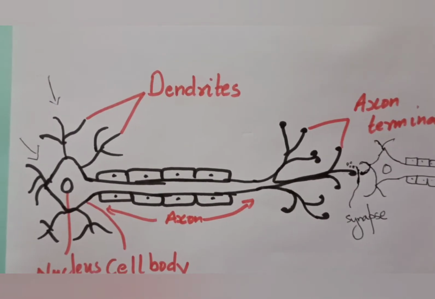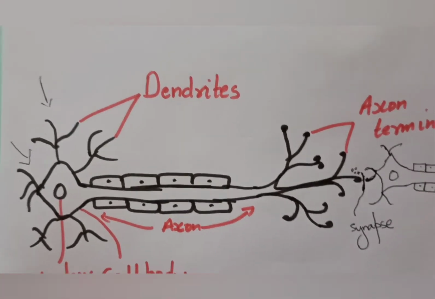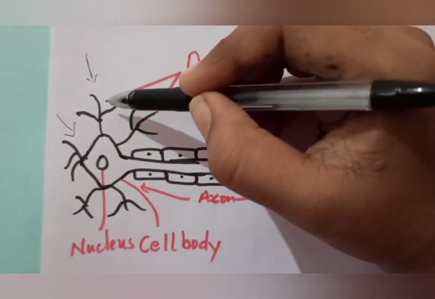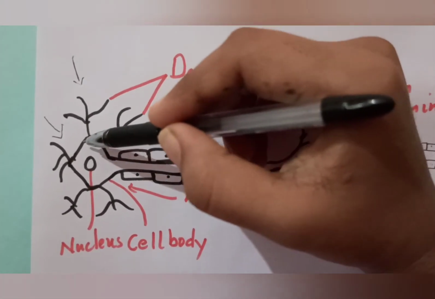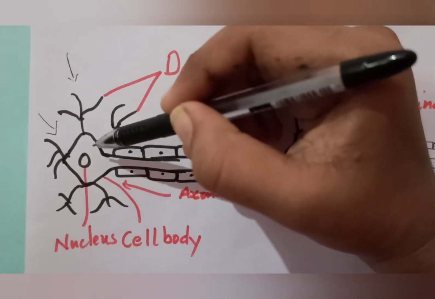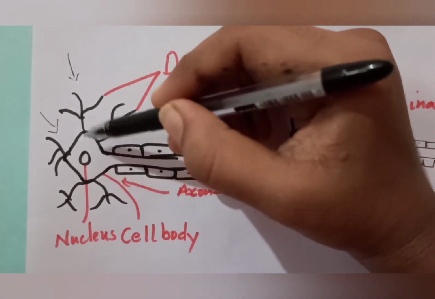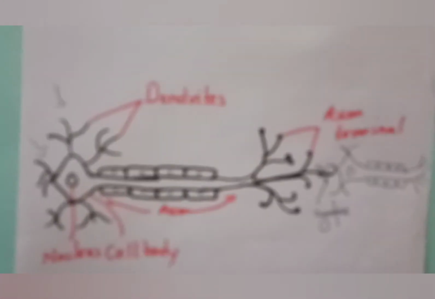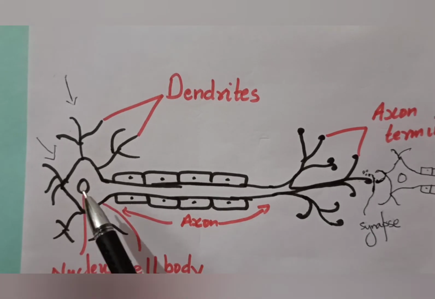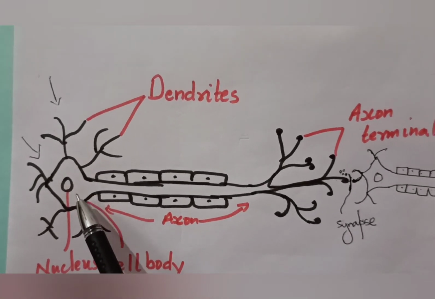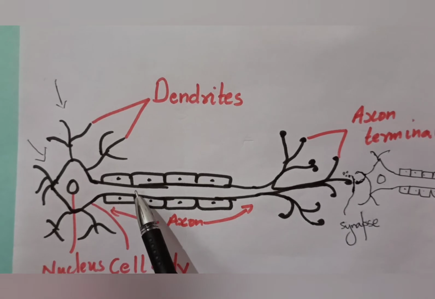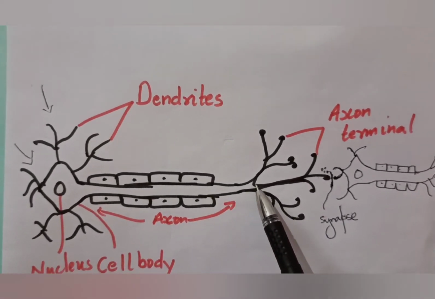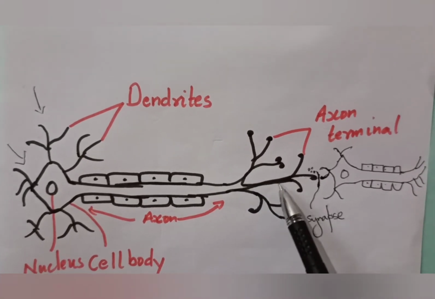So once again, let's see the entire process. That is, the incoming signals are received by the dendrites and passed to the cell body of the neuron. As the cell body begins accumulating these incoming signals, a threshold is reached at which the cell fires, and the electrical impulse is transferred to the axon, and they reach the axon terminals.